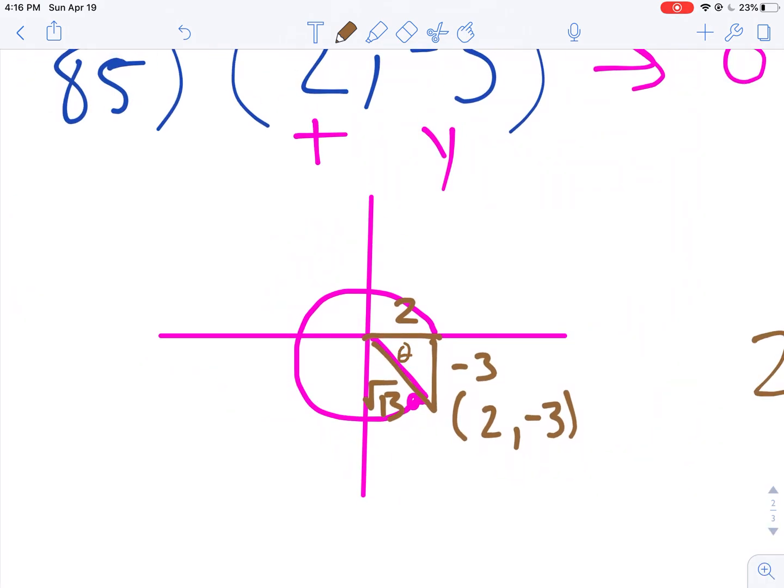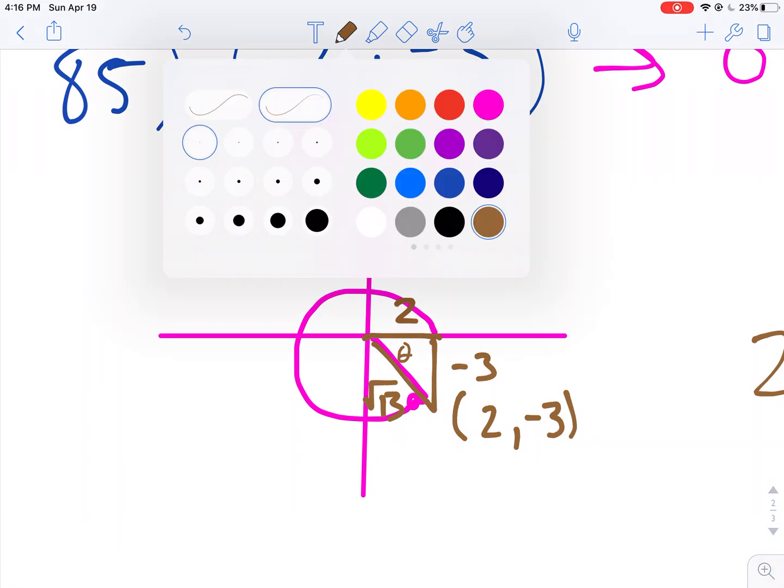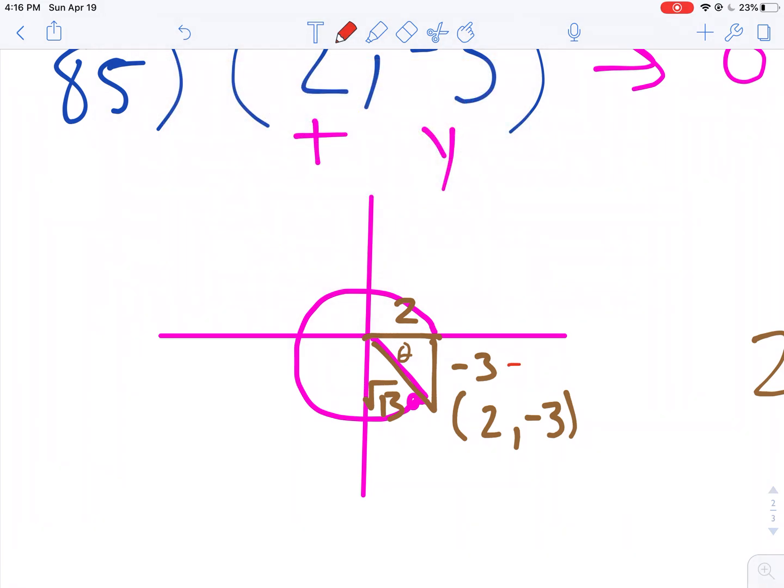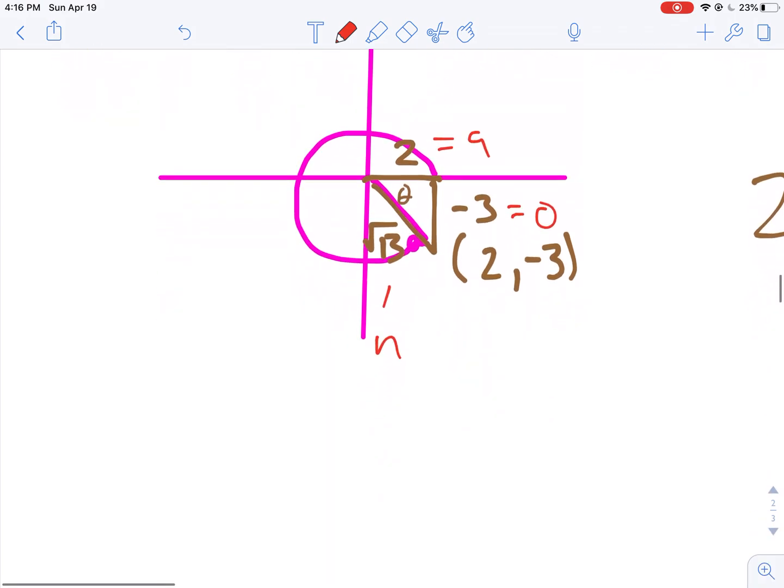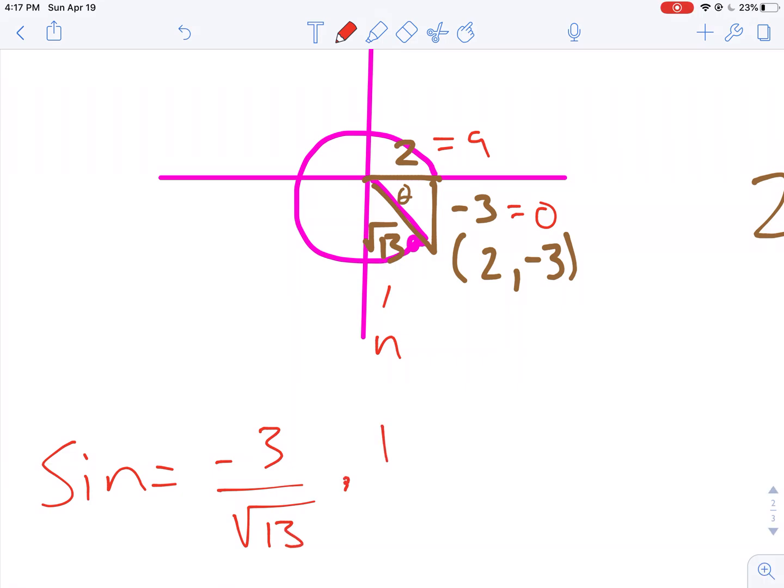So I've got that angle theta, and I can now identify, all right, I've got this as an opposite, this as an adjacent, and that as my hypotenuse. So then I just start plugging everything where it goes. My sine is still equal to my opposite over my hypotenuse. My hypotenuse is a radical, so I'm going to have to rationalize this by multiplying by the square root of 13 over the square root of 13.